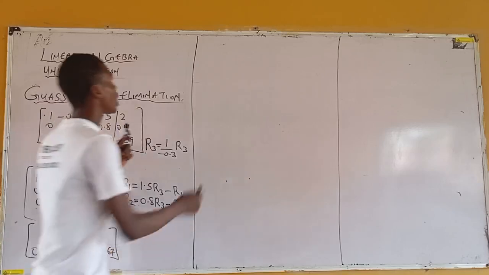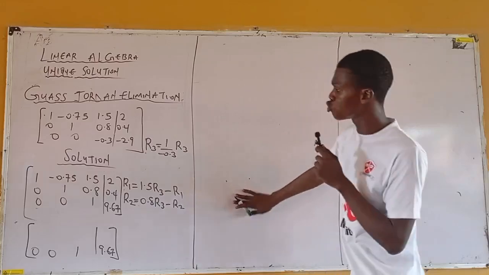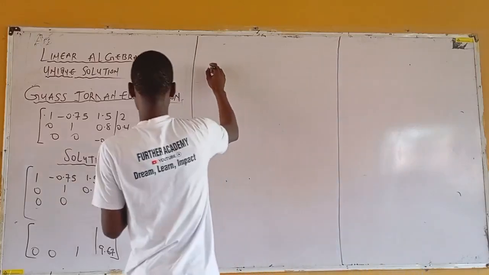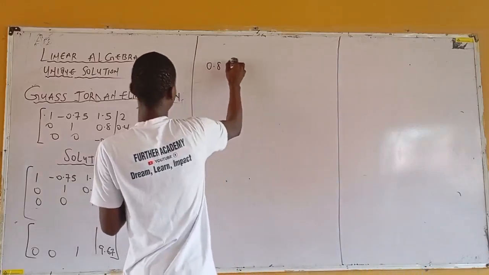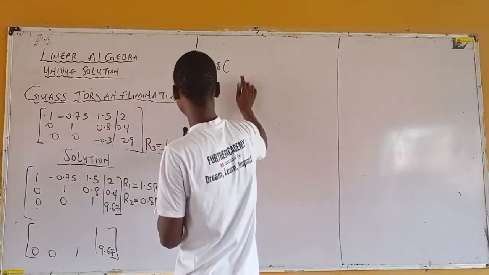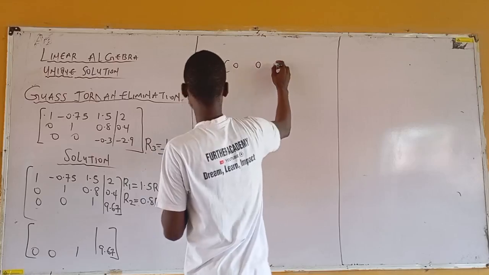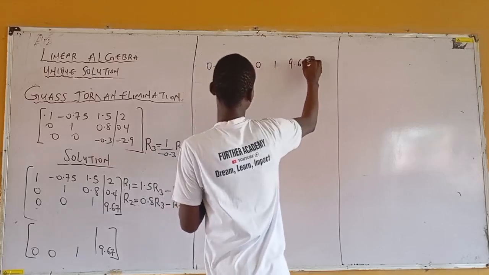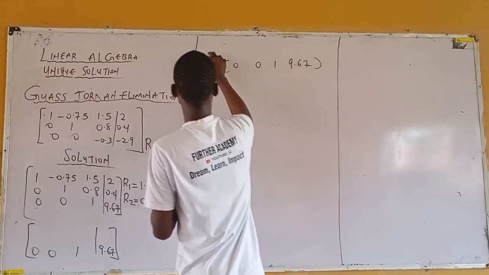So let's solve for row 1 and row 2. Solving for your row 2, meaning 0.8 all into bracket 0, 0, 1, 9.67, right?